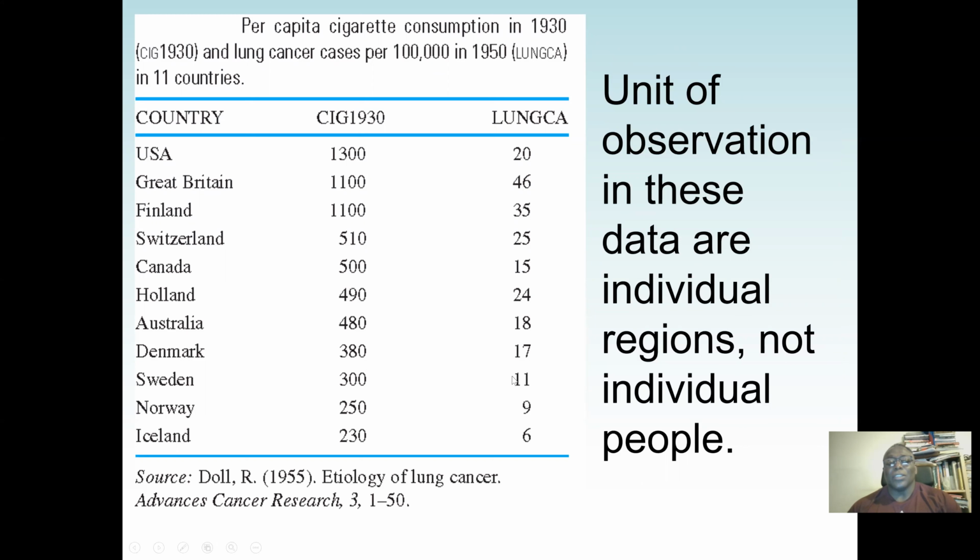So if I have this data set, my observations will be the countries. So here we say the unit of observation, this data are individual regions, not individual people. So the regions will be the countries, USA, Great Britain, etc.